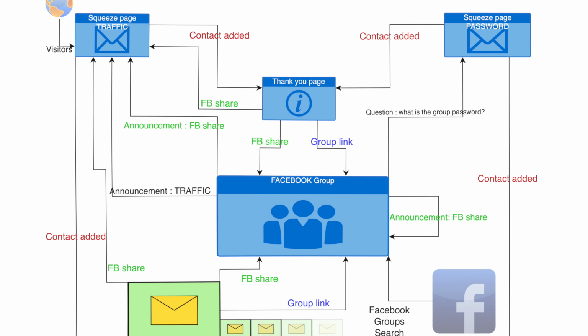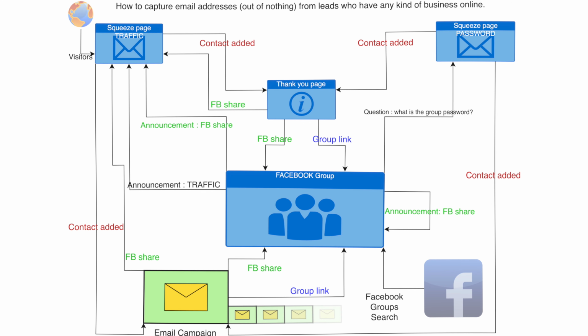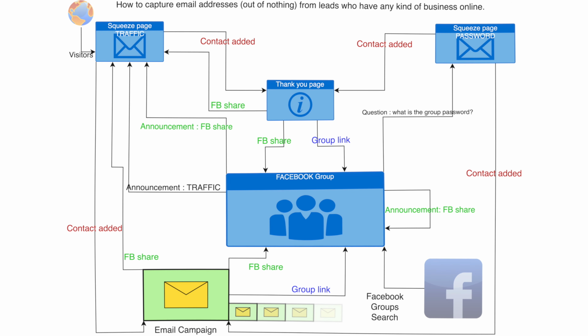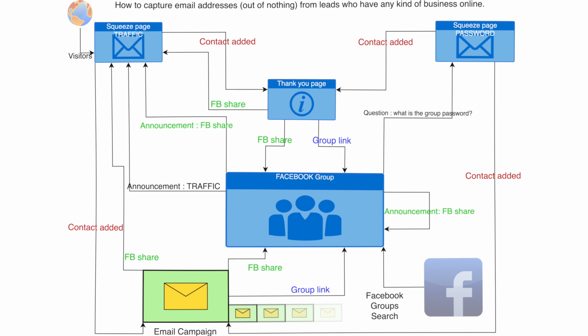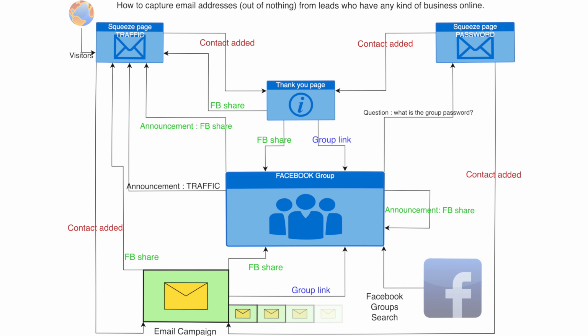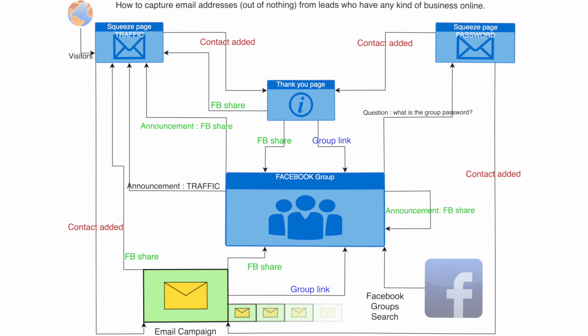To make it simple, we will separate this video into three steps. First, we'll talk about the elements. The elements are the blue boxes and the green one. Second, we will talk about the links.